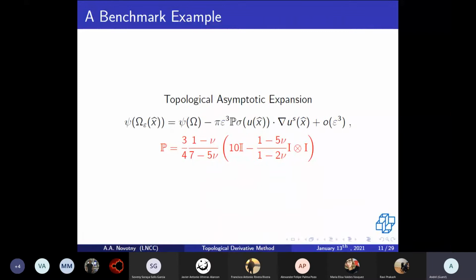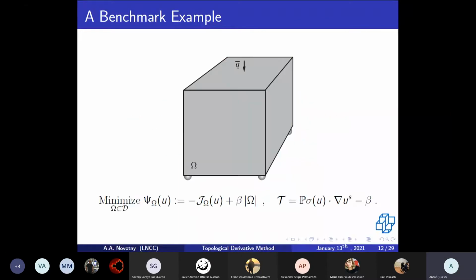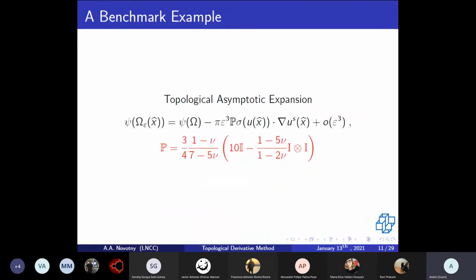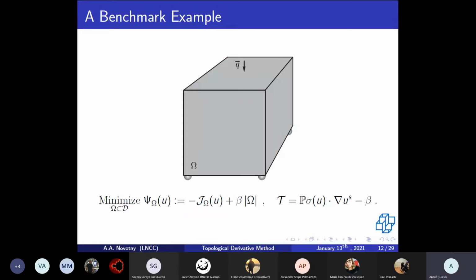So let me show an application of this formula. Suppose that we want to minimize the compliance, since this represents the total potential energy. So the compliance is minus the total potential energy with a volume constraint, which is introduced here through a penalty parameter beta.